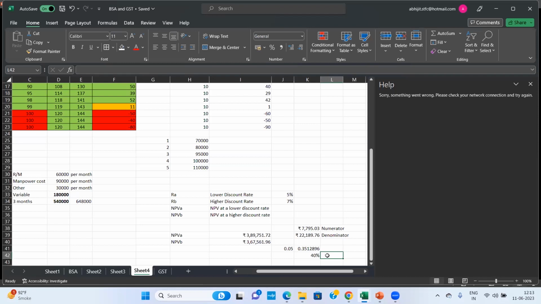No, actually not, because 5.35% will not come, because this is 0.35, which if you convert it, will become 35% actually. It should not be so high. I don't understand why it is becoming so high.